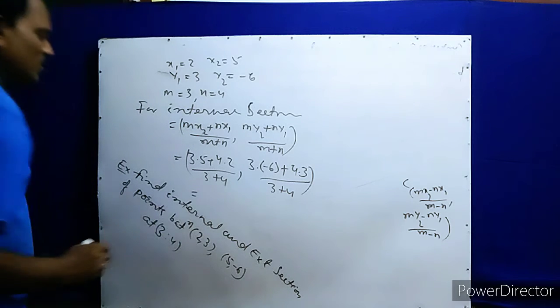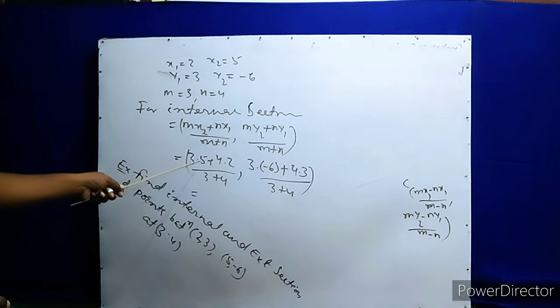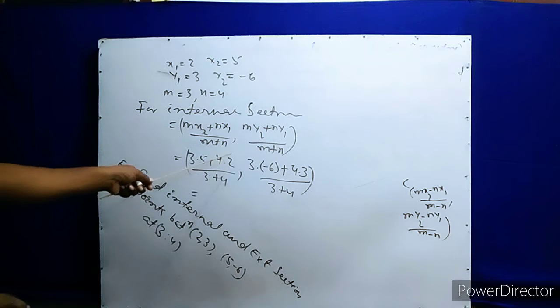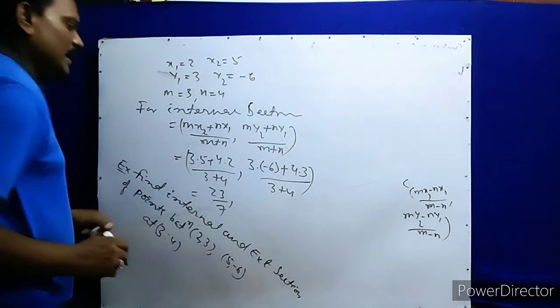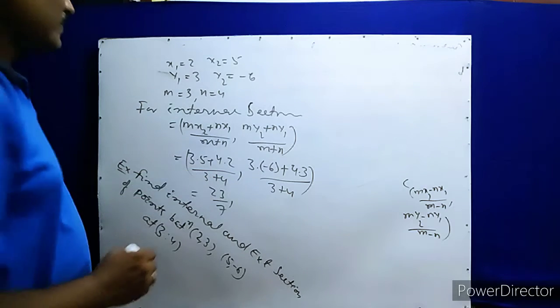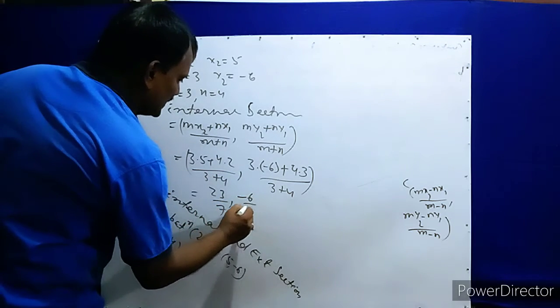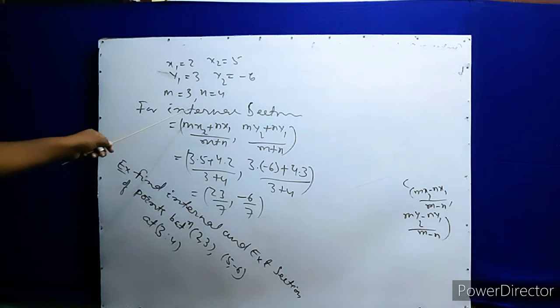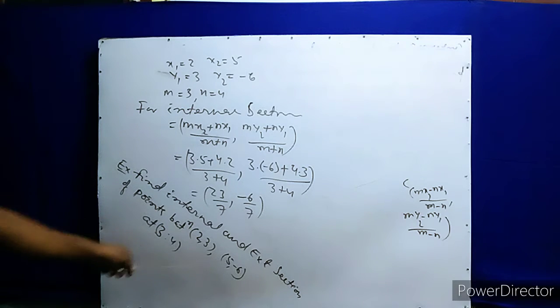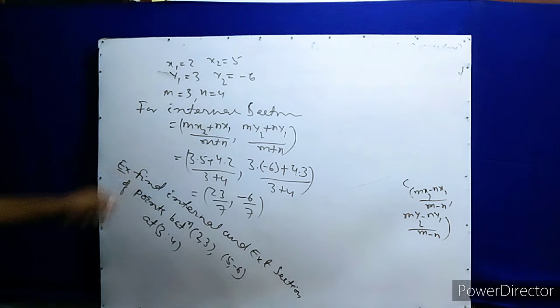On simplification we get 3 into 5 is 15 plus 8 is 23, 23 by 7, and here minus 18 plus 12 is minus 6 by 7. This is the coordinate of the point in between the 2 points. This is the internal section formula.